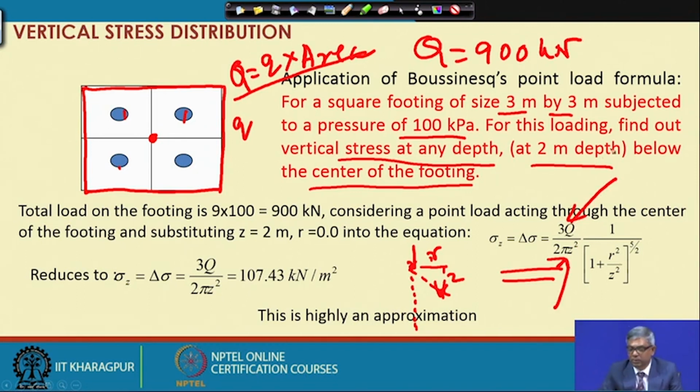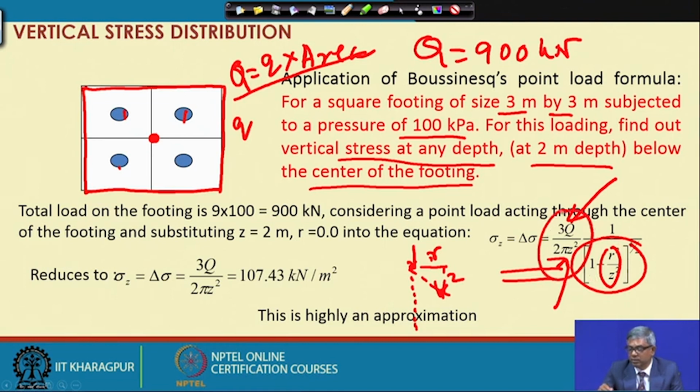Another thing mentioned is that I have to find out the stress 2 meter vertically below the center of the footing. Center of the footing means here, and I imagine the entire 900 kilonewton load is acting through this center. Then if I put r equal to 0, then r by z becomes 0, and 1 plus 0 to the power 5 by 2 becomes ultimately 1.